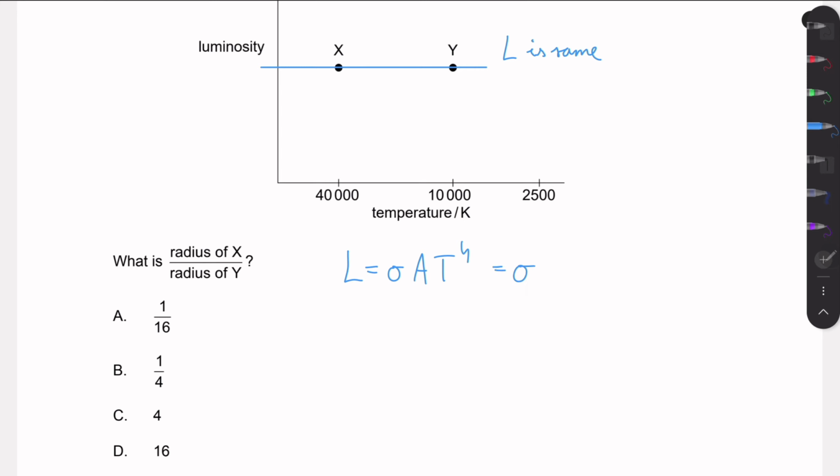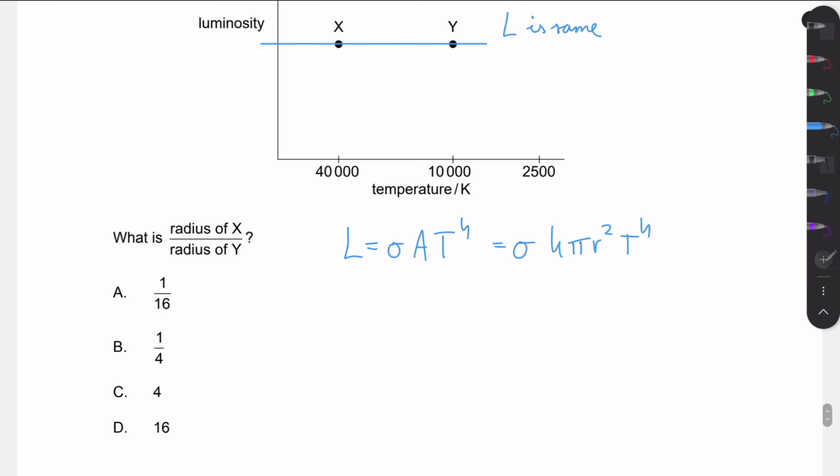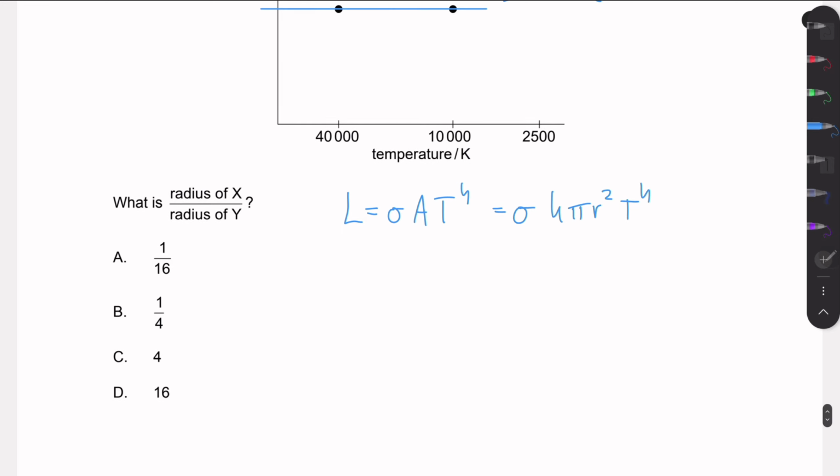So this is sigma 4 pi r squared T to the fourth. And we know that L is the same for both. So we can rearrange for r, and r squared will be just L over T to the fourth. Again, we can honestly neglect all of these constants as we're finding a ratio and they will just cancel out anyway, so it's not worth bothering with them. So we see that r will be just the square root of L divided by T squared.